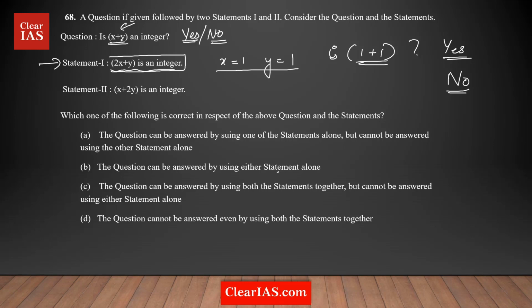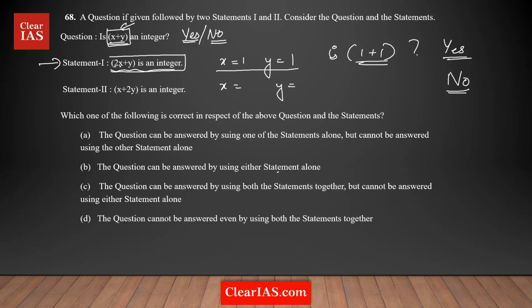If you're getting a decimal or a fraction, then you are getting a no for the sum of x and y. So if one of them is a fraction or a decimal, the sum is not going to be an integer. So we're going to think about values for x and y. Is it possible for one to be a fraction or a decimal? That's what I'm going to check.